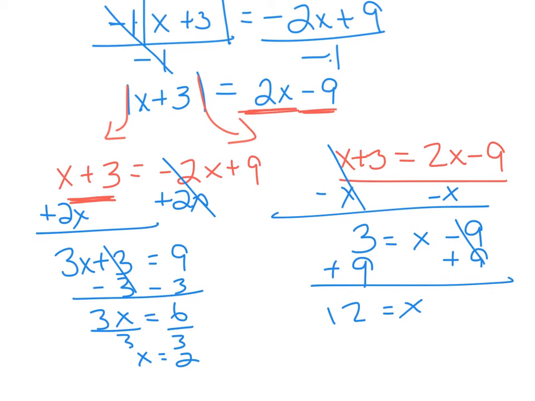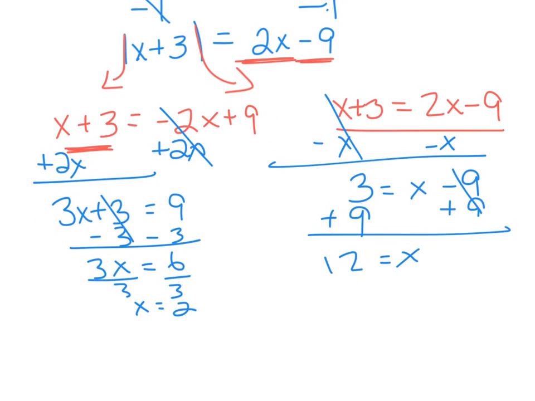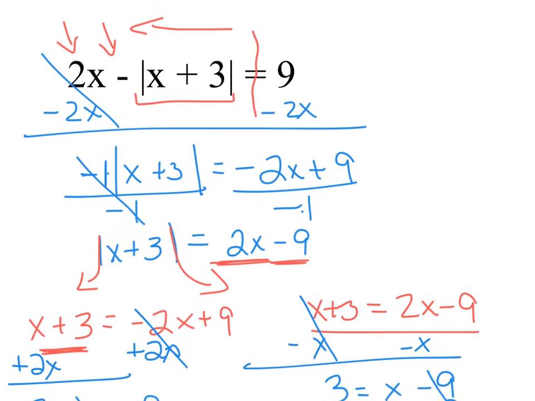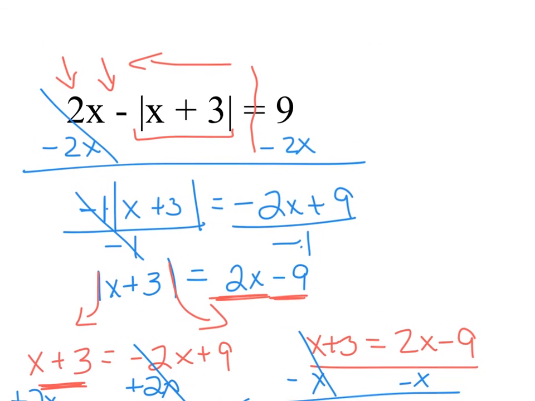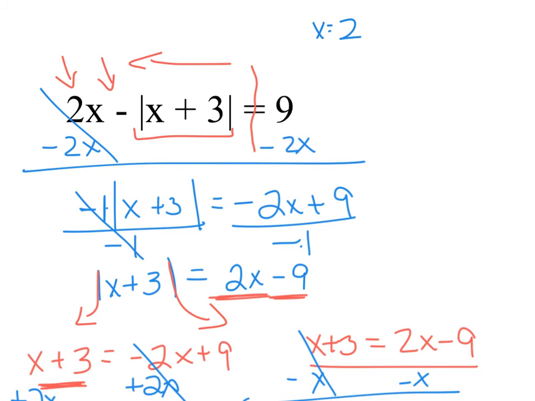Both of these answers are appropriate. Because anytime you have two answers, it is a good idea to check them, even one. All right, so x equals 2, x equals 12, as long as I didn't mess up. So we come back up here and we should do a basic check for 2 and 12.